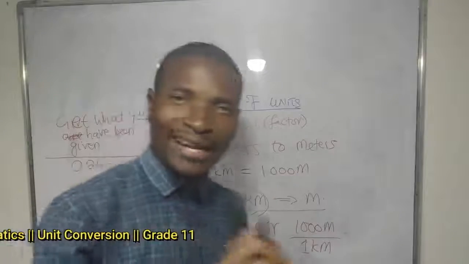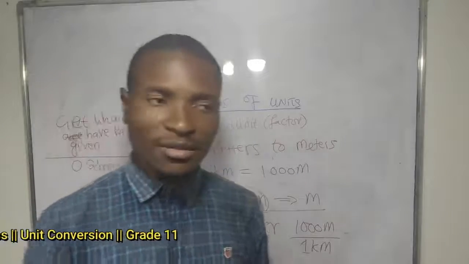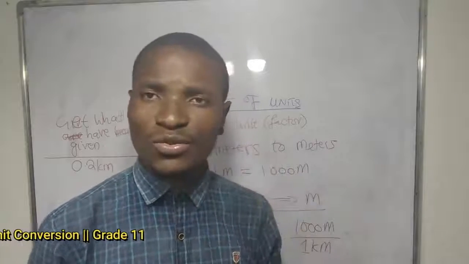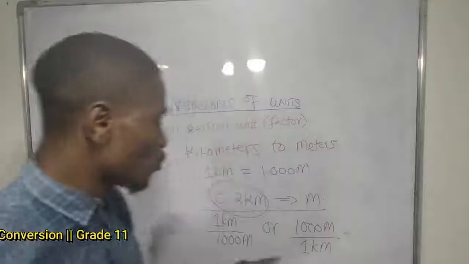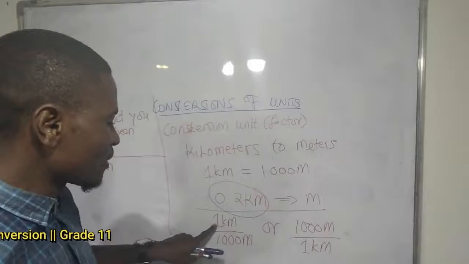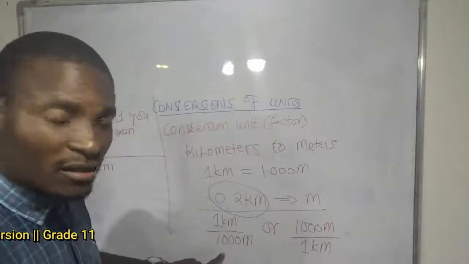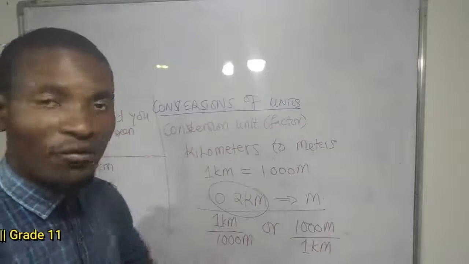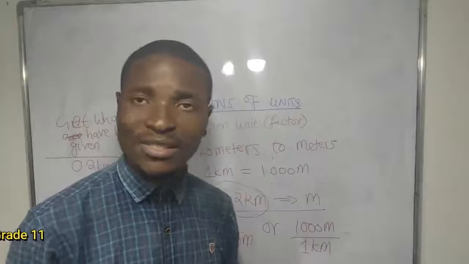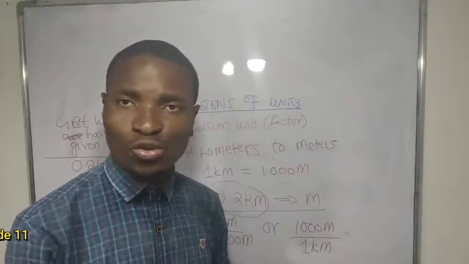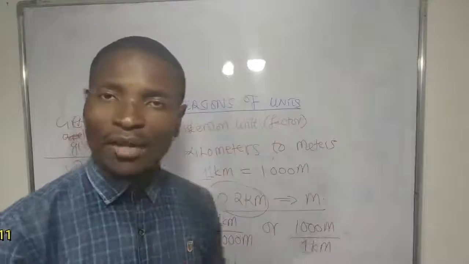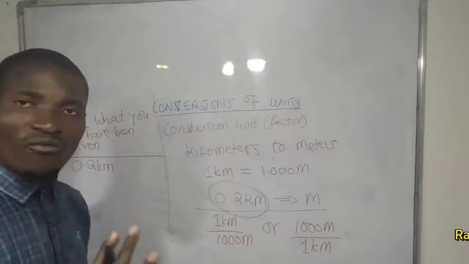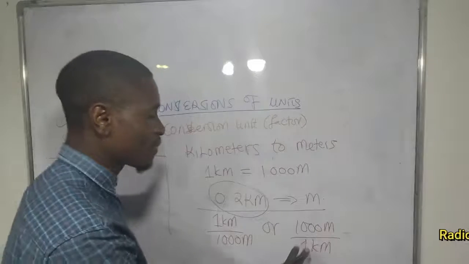Now, after you grab what you have been given, as in terms of what the question is asking, you look at the two possibilities, okay? I've got 1 kilometer divided by 1,000 meters, or 1,000 meters over 1 kilometer. So I have to choose one of the conversion factors.